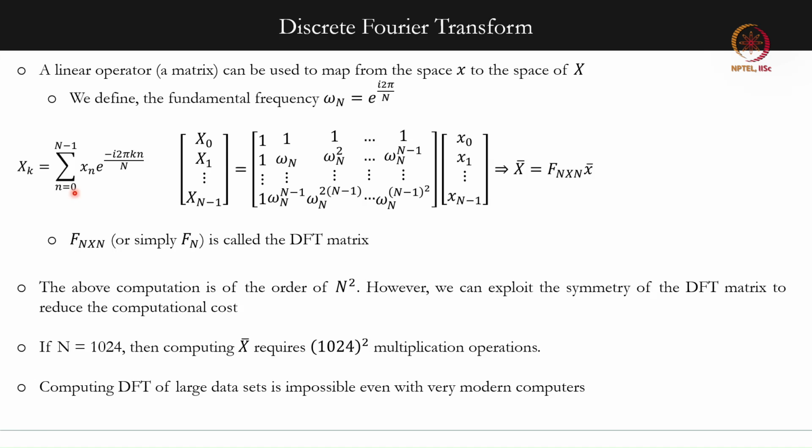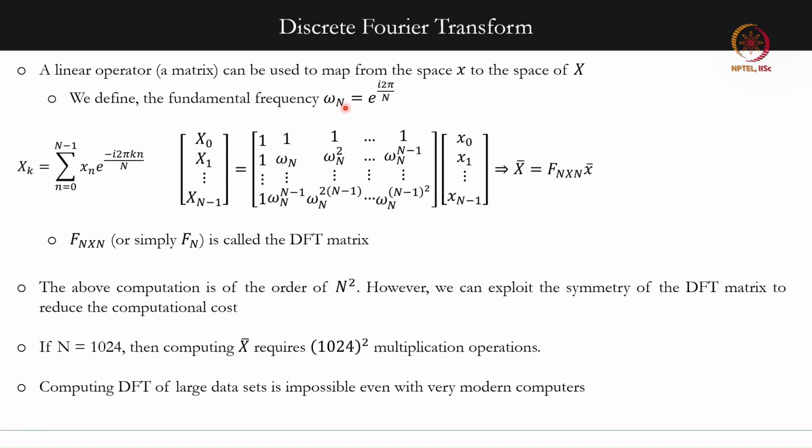So we can see that this is a matrix multiplication with this huge matrix, which is of the order of n cross n, which we are calling the DFT matrix. Now, if we look into this DFT matrix, we can see that there are only two distinct terms in it. One is the constant 1, and the other is omega_n, which is e to the power of i 2 pi by n.